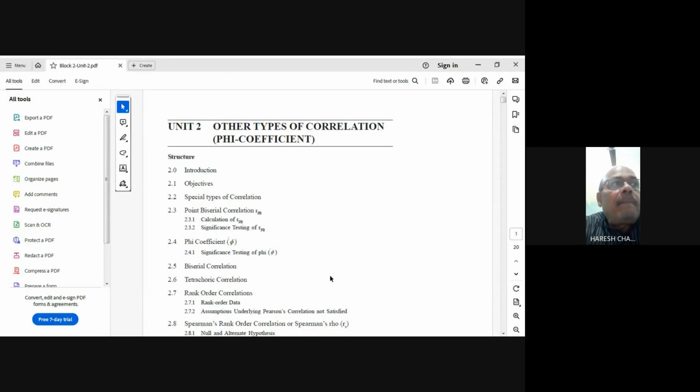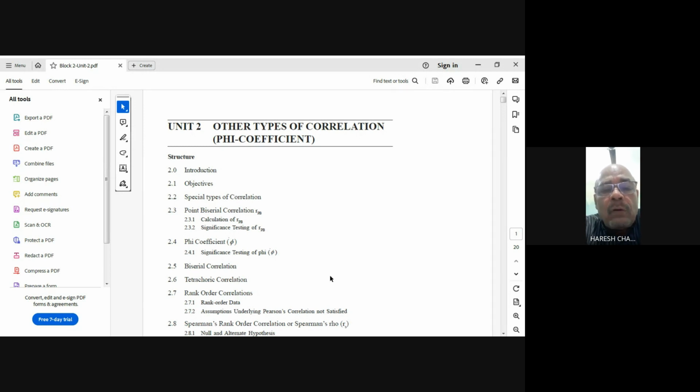Besides this product moment correlation or Pearson's product moment correlation, there are several other types of correlation which you require in different kinds of situations of your data. As you know, product moment correlation is a kind of parametric statistics.